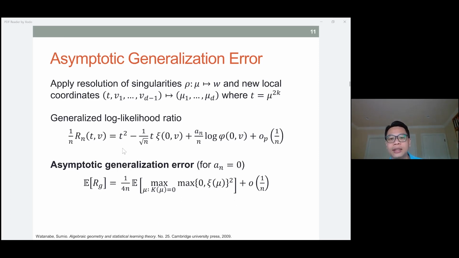But in the singular case, after a change of variables, it remains quadratic in that sense. In fact, under this new coordinate system, your relative information k, not kn, just k, just becomes t squared. So locally it looks like a quadratic function, a very simple structure. But of course, there's a lot going on in t. There's a mu, it's actually mu to the 2k.